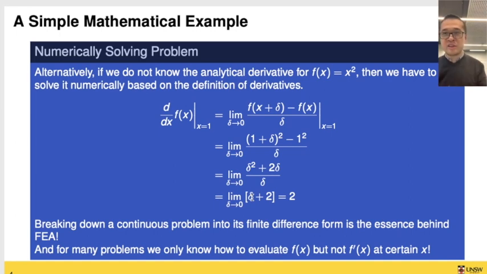Say you give a number of 10 to the minus 10, then delta plus 2 is 2.0000000001, a number very, very close to 2, and in that case you can say the derivative of this function is basically 2 at x equal to 1.